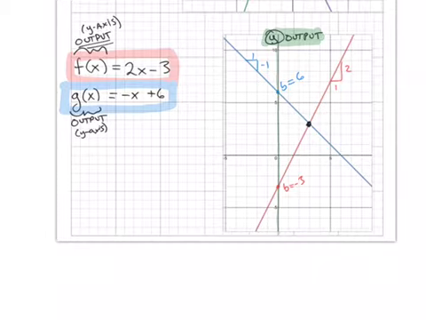And everywhere that I look on this graph, my two functions have different outputs. So for instance, here, f of 0, the output is negative 3. And here, f of 1 has an output of negative 1.